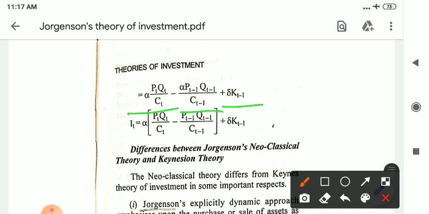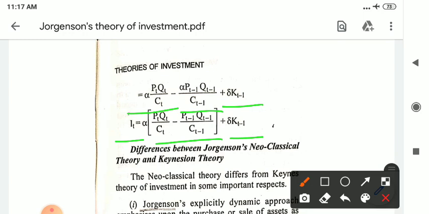The next step becomes I_t is equal to alpha, taken as common, into P_t Q_t over C_t minus P_t minus 1 Q_t minus 1 over C_t minus 1, plus delta K_t minus 1. So this is the Jorgensen investment function in T period.